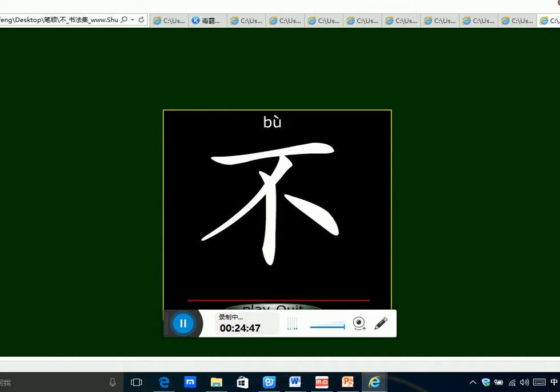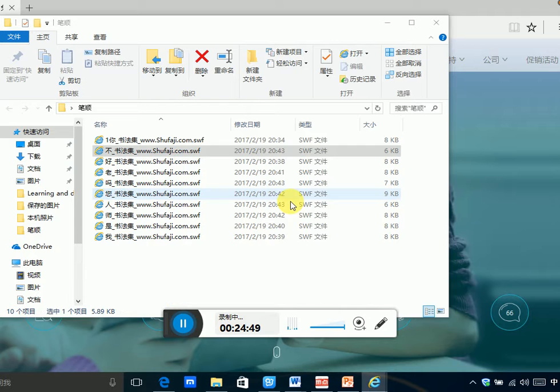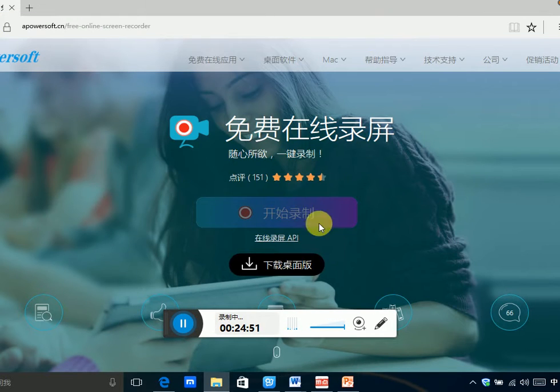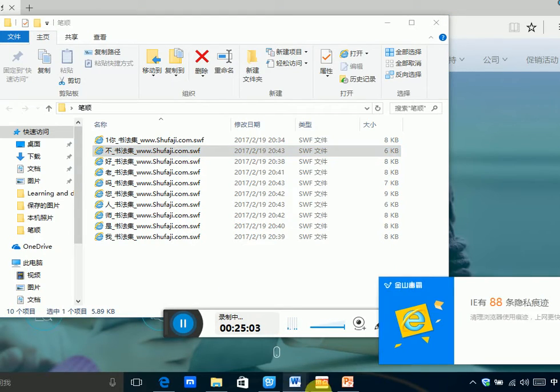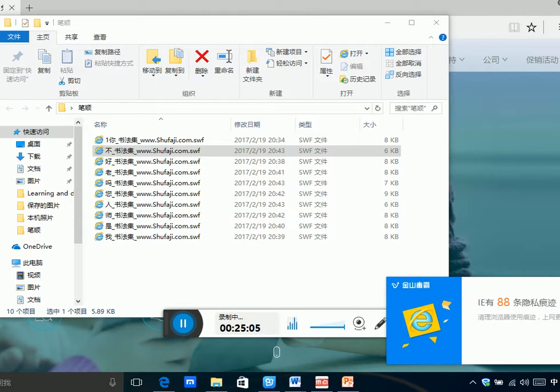Okay. Now those are the vocabulary you have to remember the way to write, and of course remember the meaning of these words as well.